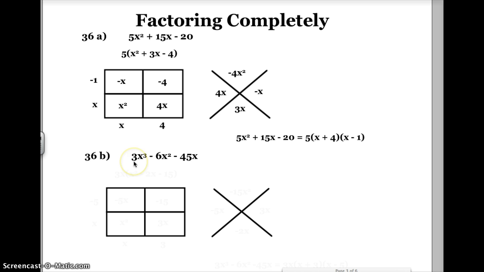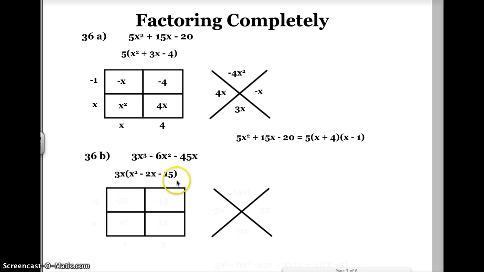So 3x cubed, negative 6x squared, and negative 45x all have a factor of 3. And they all have an x in common, so I'm going to factor this out to look like this. I'll factor a 3x out first. 3x times x squared is 3x cubed. 3x times negative 2x is negative 6x squared. 3x times negative 15 is negative 45x.